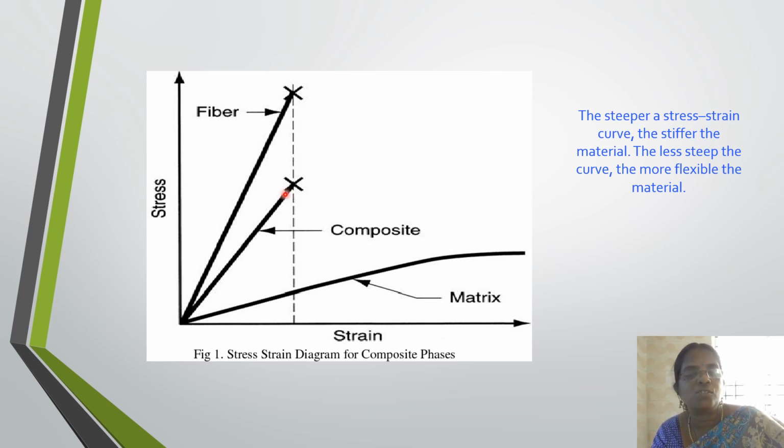So if I mix these two together, I get a composite material, which has good strength as well as flexibility, right? If I add more fiber, I may have a graph like this. If I add less fiber and more matrix, I may have a stress versus strain graph somewhere here.